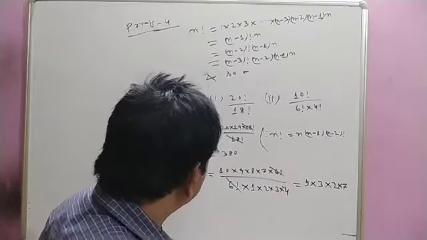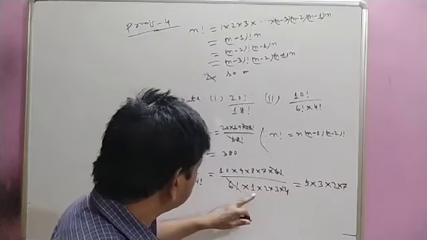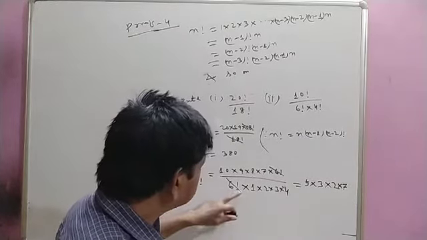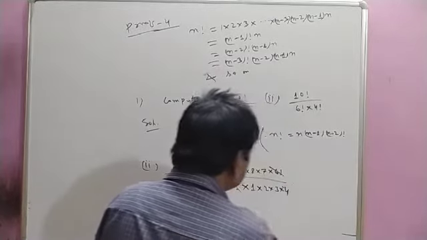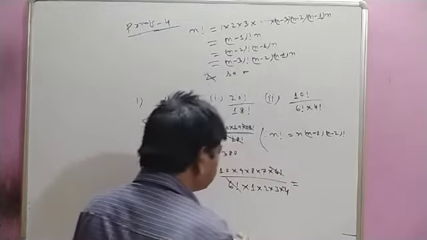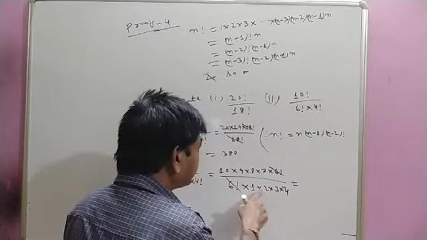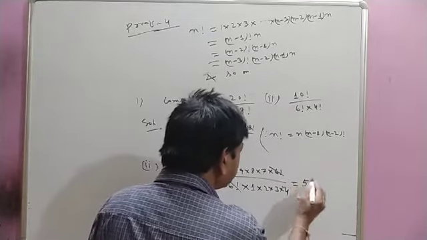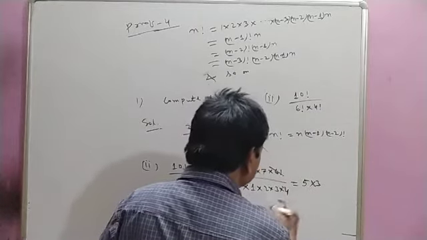This 10 factorial we can write as 10 into 9 into 8 into 7 into 6 factorial, over 6 factorial into 1 into 2 into 3 into 4. 6 factorial gets cancelled. Then 2 into 5 is 10, so it is 5. Then 3 into 3 is 9, so this is 3.